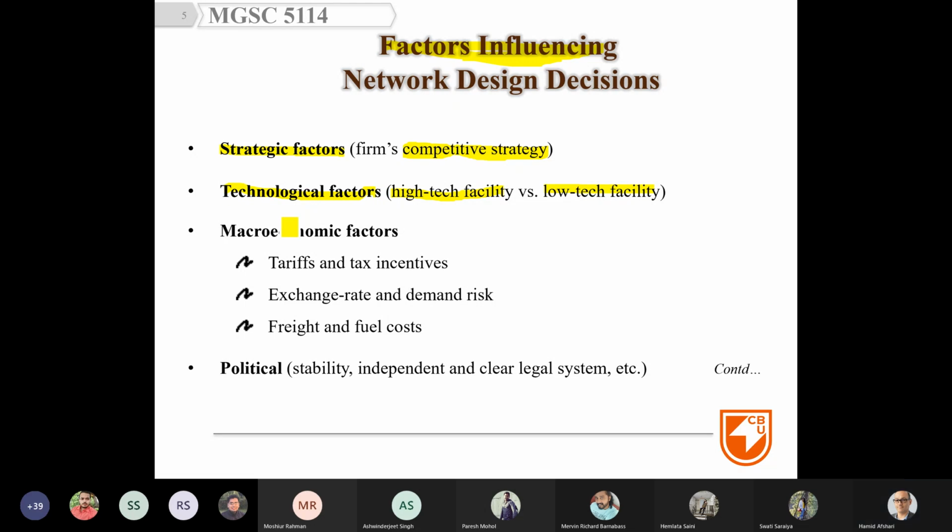Any idea? Do we have experts everywhere to work for our company? Yes, sir. It matters because wherever you design your network, if you don't have technological skill at that location, then it will be a problem, I mean, to get skilled workers.